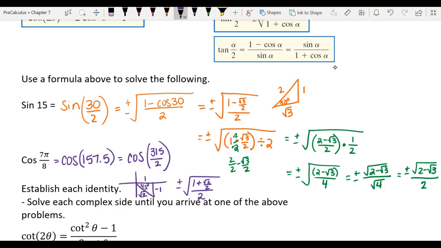And then you forgot your big square root. Lots of 2's in square roots.